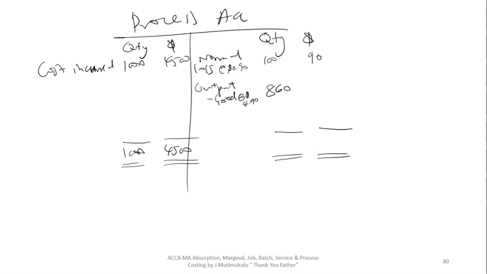So $4.90 multiplied by 860 gives 4,214. But if we add them up, they should come to $4,500. So the difference should be the abnormal loss.